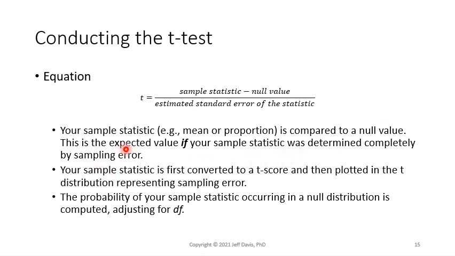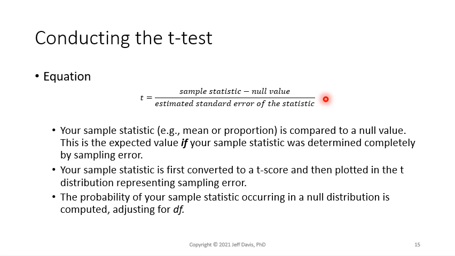Then what this equation essentially does is convert the difference between your sample statistic and the null value to a t-score. It takes the t-score for this comparison and plots it in a t-distribution that represents sampling error.